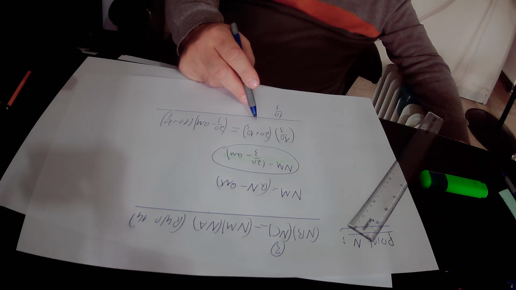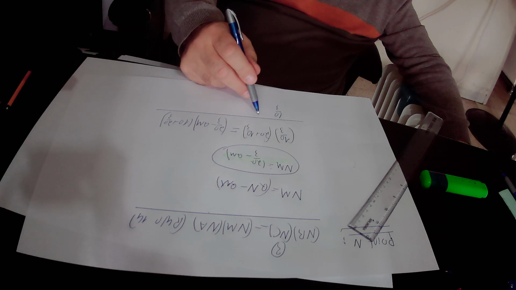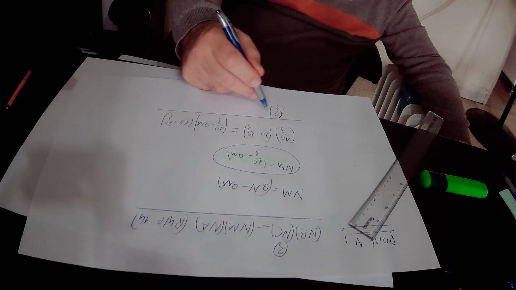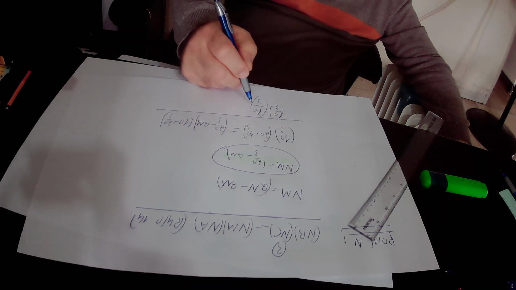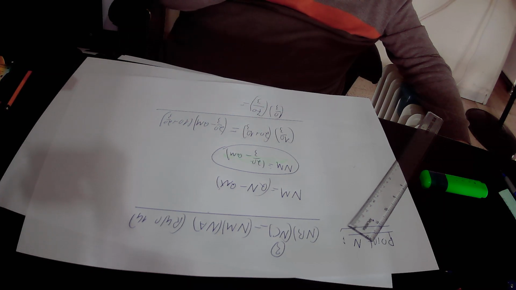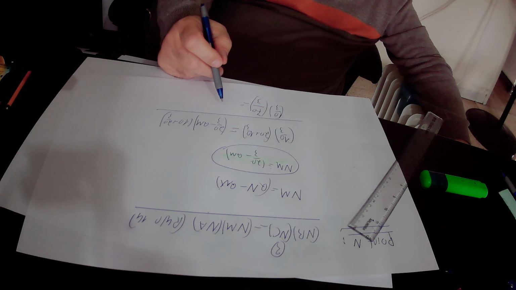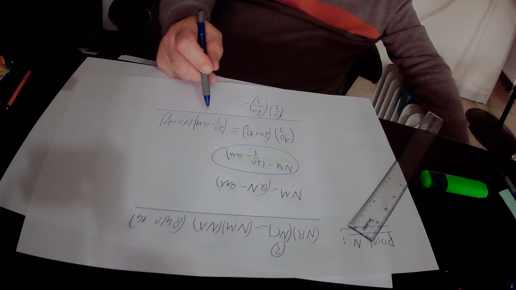Here we multiply 20 by 3 and then divide by 3 in order to have a common factor with 10 over 3. So 20 times 3 is 60 and 60 plus 10 is 70. So in the numerator we have 70 divided by 3. And it equals, here we have 20 over 3 minus QM.